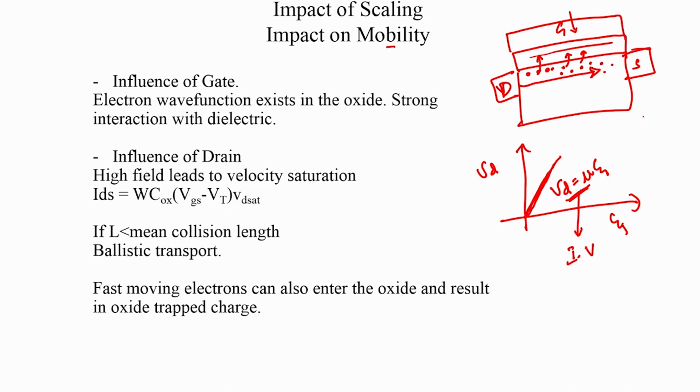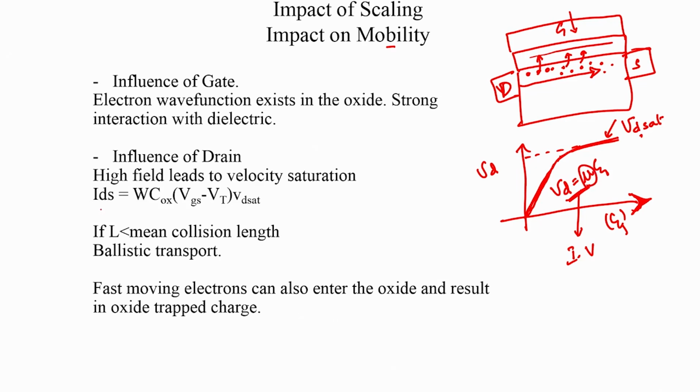But in short channel MOSFETs, it is very likely, particularly if constant field scaling is not deployed and you use constant voltage scaling, that the velocity saturates because the field is very large. So, the current voltage characteristics is then determined by the saturated drift velocity, that is V_D sat, and not so much by the mobility.